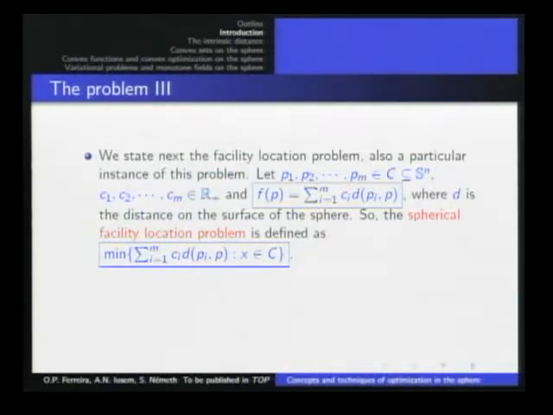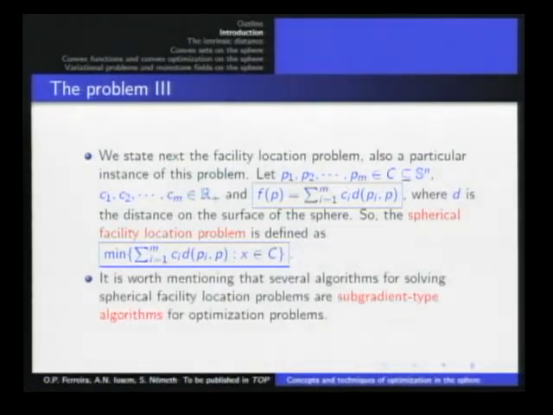In chemistry also, molecular deployment or unfolding, that is molecular unfolding. Several algorithms for solving these spherical facility location problems are subgradient type algorithms for optimization problems.